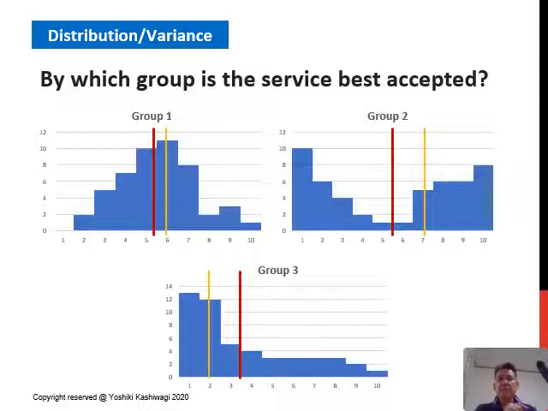As you can see about group 2, almost half of the people put a lower score, like 1, 2, or 3. On the other hand, the other people put higher scores, 7, 8, 9, and 10. So they are totally split.